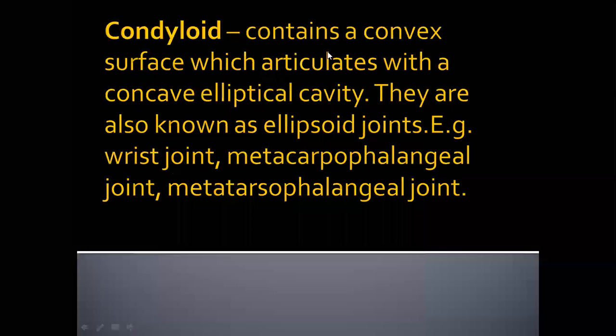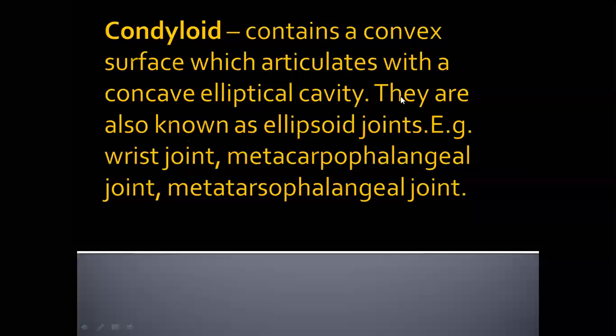Condyloid joint contains a convex surface which articulates with a concave elliptical cavity. Just like in the previous joint, we have also discussed the convex concave shape. Over here, the condition is very similar. One bone has a convex structure, and another bone has concave structure.